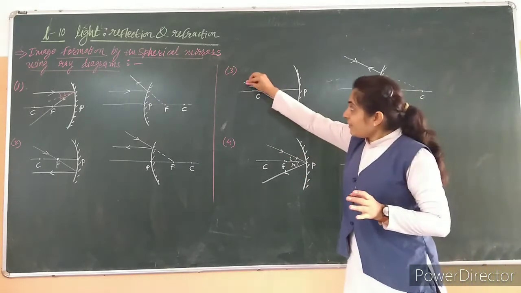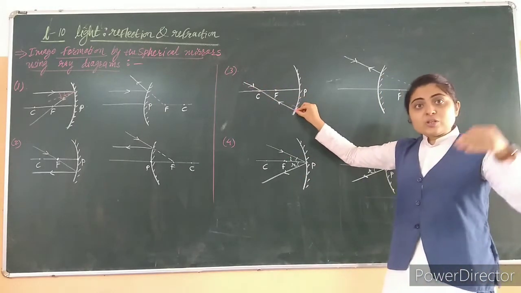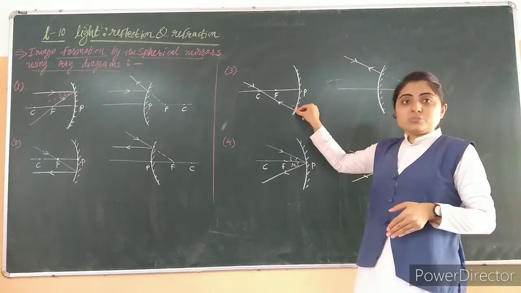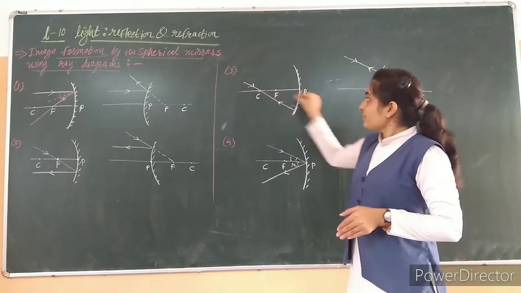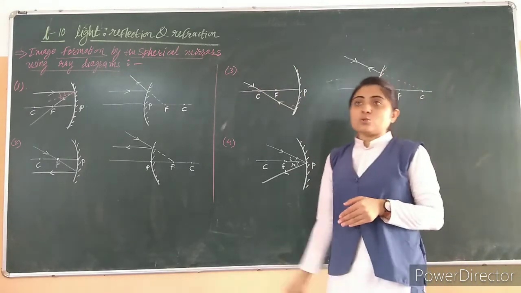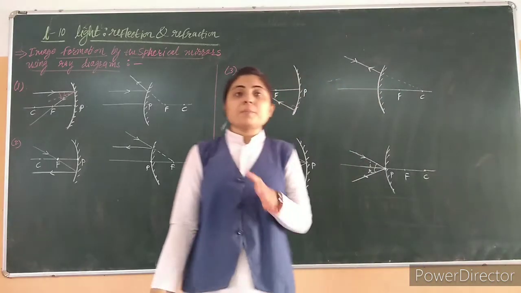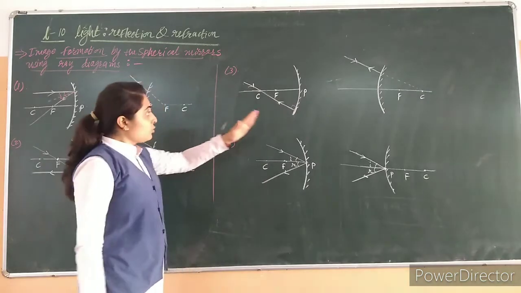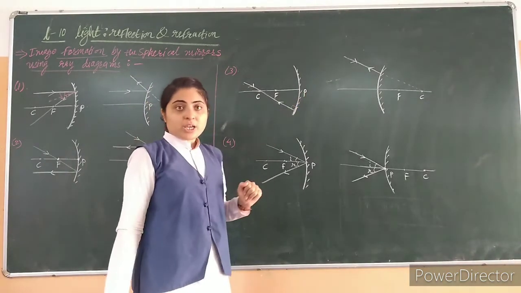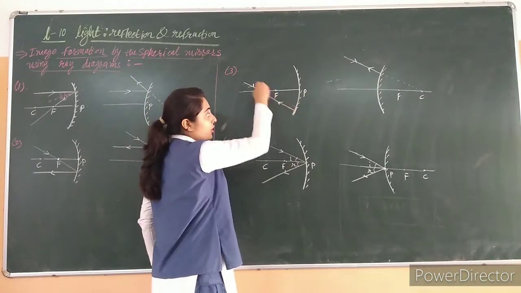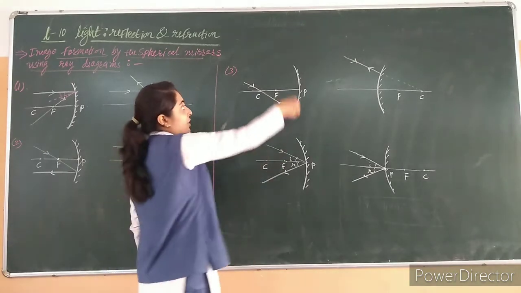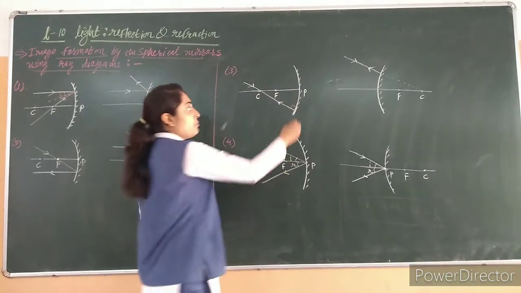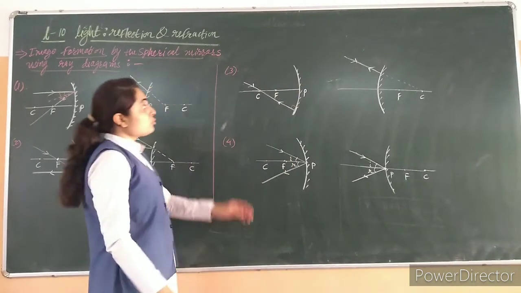It means that a ray passing through C is incident normally on the mirror at any point, because the radius is always perpendicular to the tangent at that point, at any point on the circle.